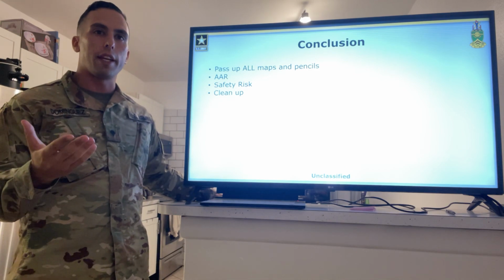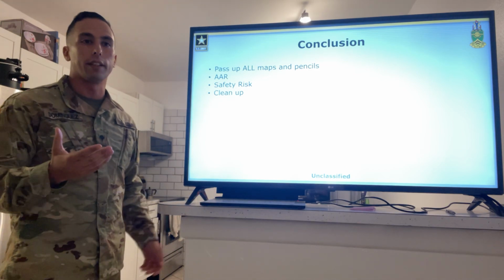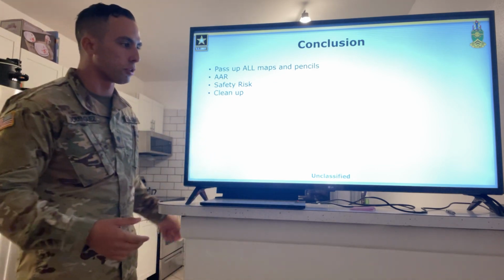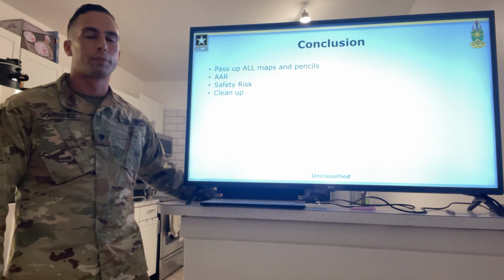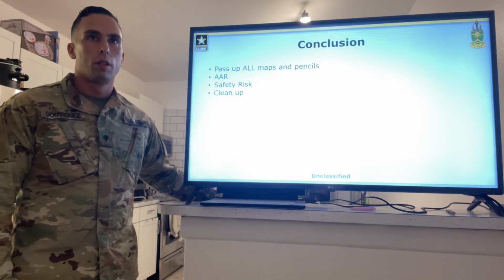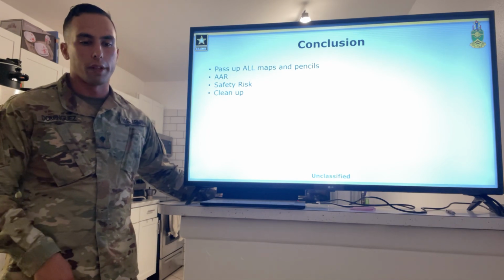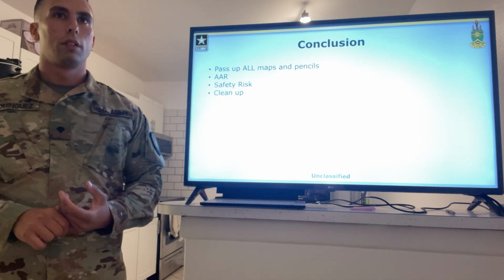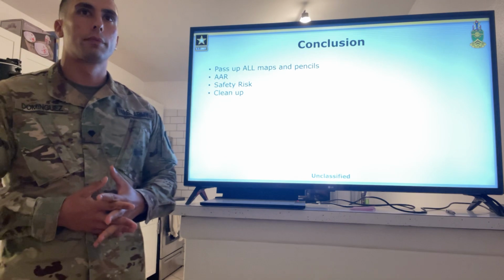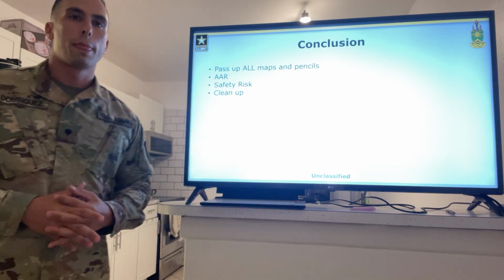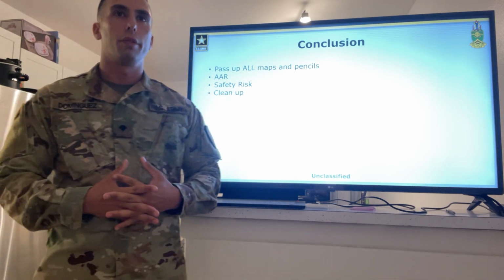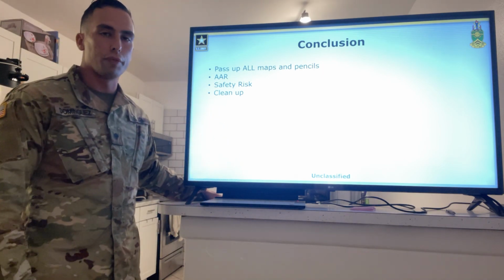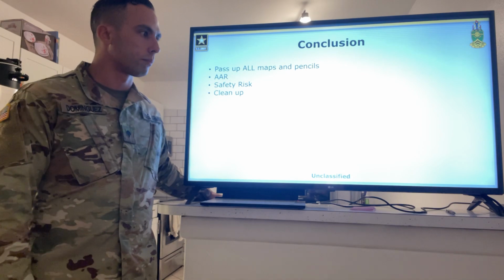Are there any sustains, anything that we did good this time around that we can maintain for future trainings? Is there anything that we can improve on? Anything that we did wrong that we could improve on? All right, so what can we do to make sure that we improve this training in the future for the unit?